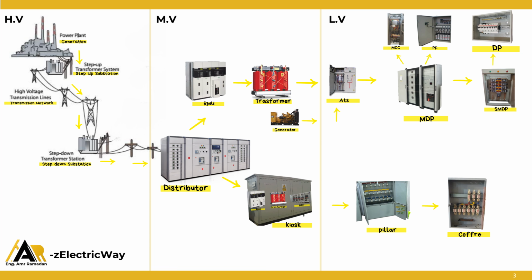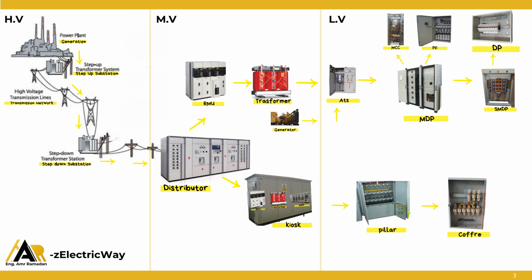Also, we can connect a generator and use an ATS, automatic transfer switch, so the load can switch between grid supply and backup power. At the low voltage stage, the transformer output enters the main distribution panel, or MDP. From there, power is distributed to sub-main panels, smaller distribution panels, and finally to the end user.